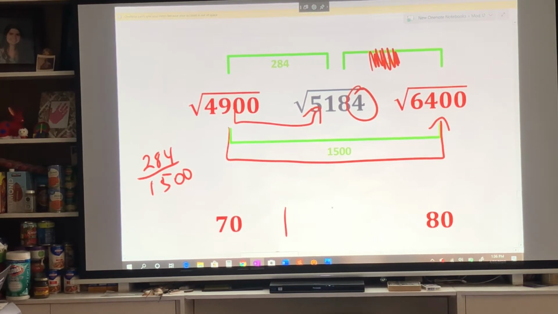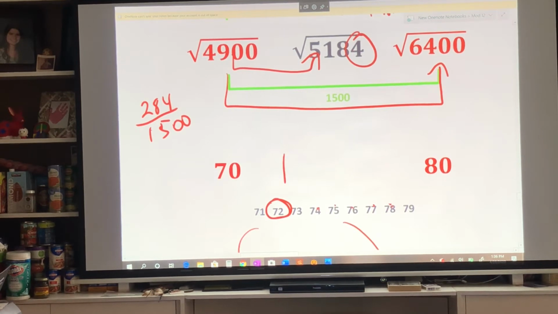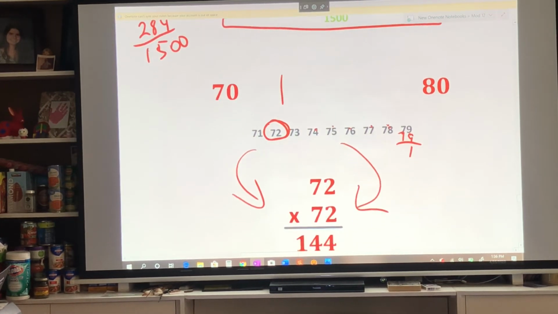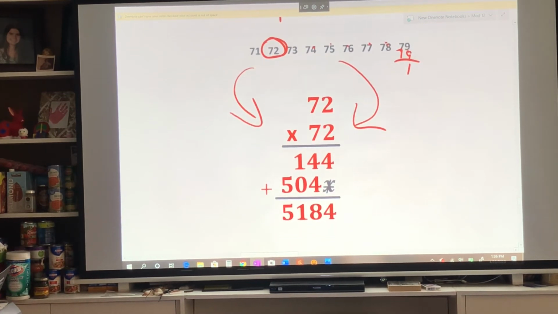We're not going to be way down over here. We're going to be closer to 70 than 80. And you can see my answer is 72 because none of them work out anyway. 9 times 9 ends in 1. So 72 is the answer. And if you check it by squaring it, you get the actual number, 5184.